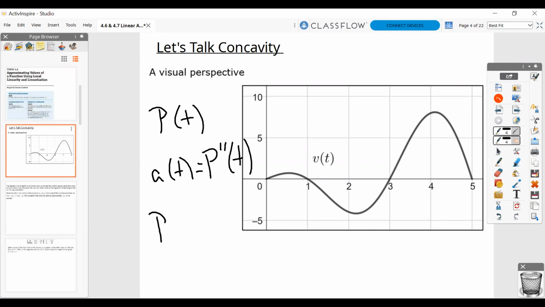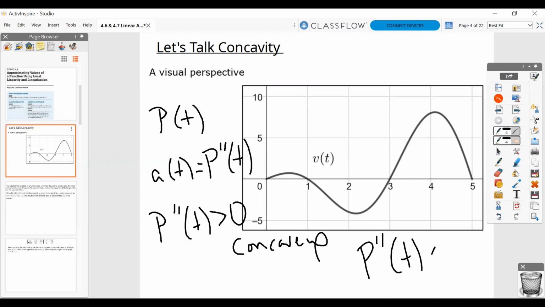If something is concave up, which would mean that this is positive, this is concave up. Or we can talk about something concave down. We'll talk more about concavity, but this is kind of important for today's lesson, so let's try to hit it while we can.